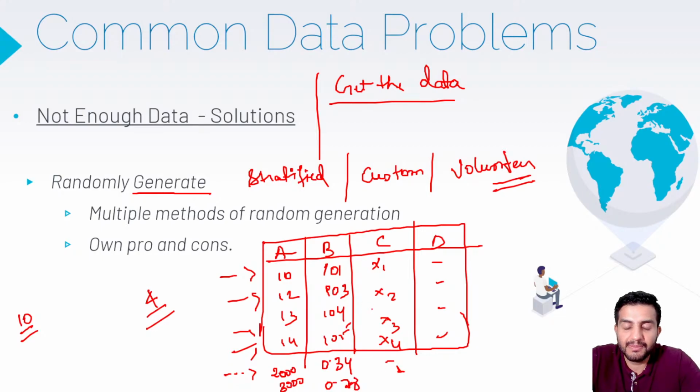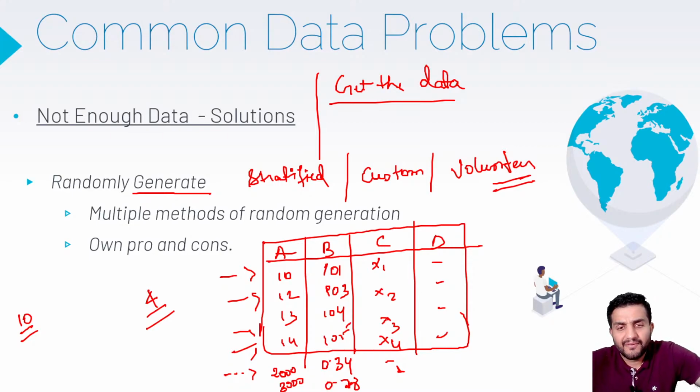Some random generation is happening. So I do not have any control over what data comes. And obviously, the moment I generate this data randomly, I am going to lose some trend and I'm going to add some noise in my data eventually. So generating the data randomly is going to create some troubles.